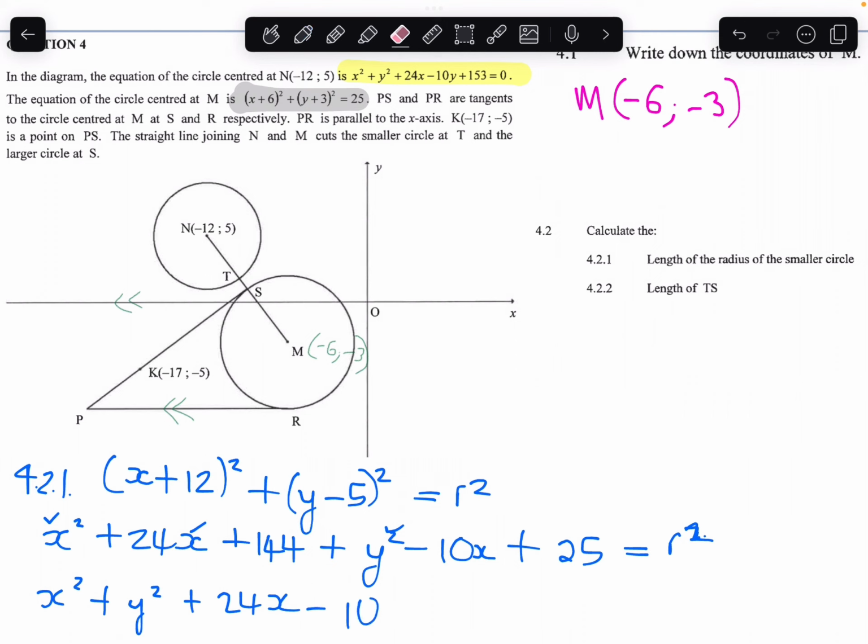Oh, where did I get an x over here? That is a y. Minus 10y. And then we have 144 plus 25, so that would be plus 169 is equal to r squared, right?